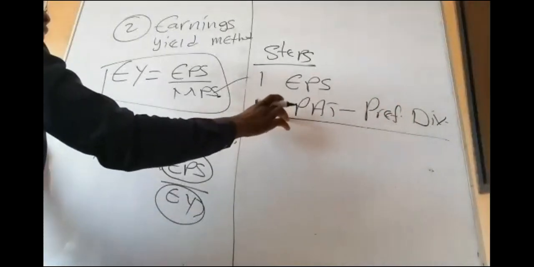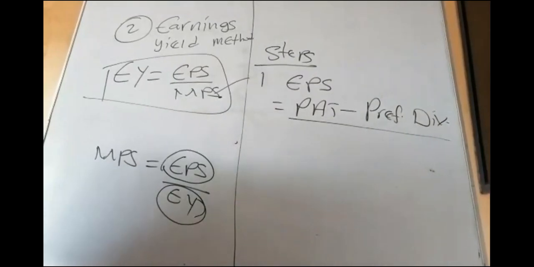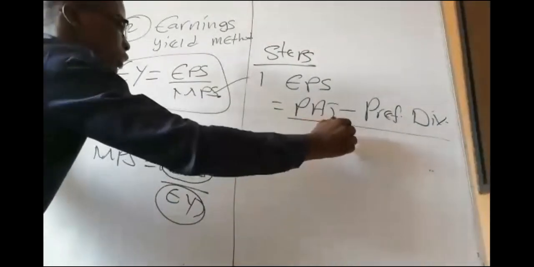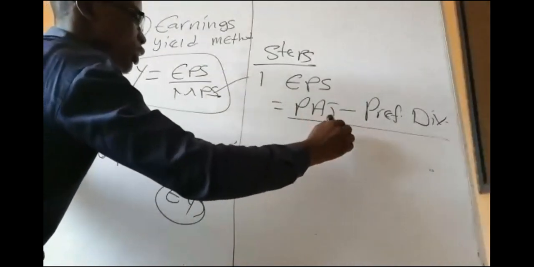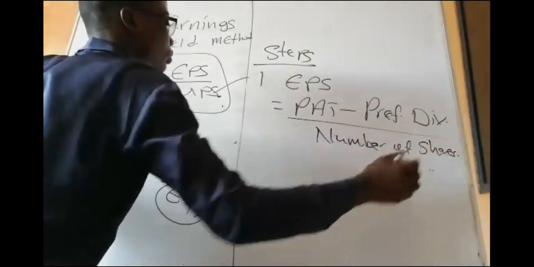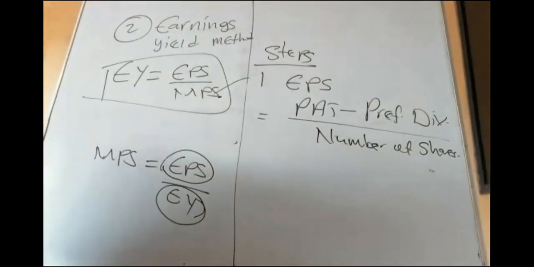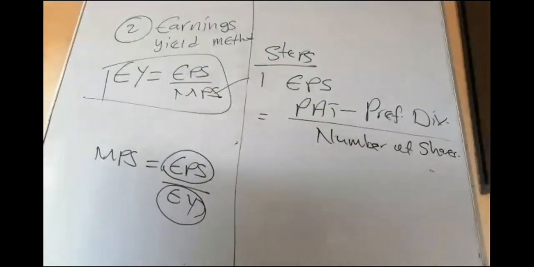The dividend we are interested in is the irredeemable, not the redeemable. If you have an irredeemable preference dividend in your question, you bring it in. If there is none, you leave it like that.